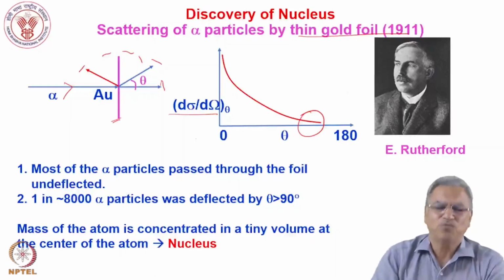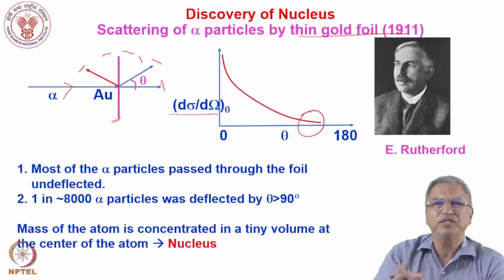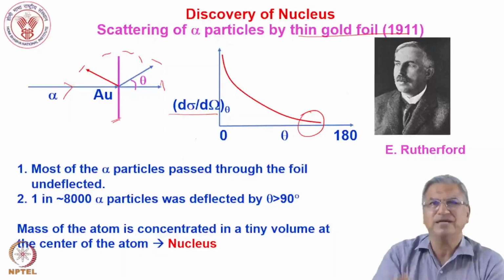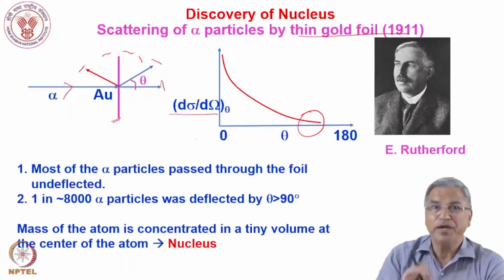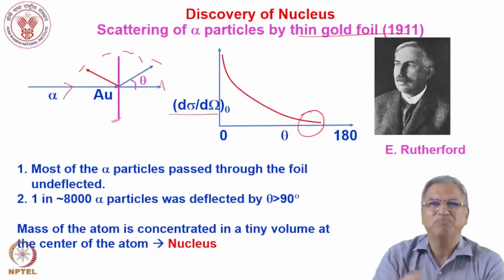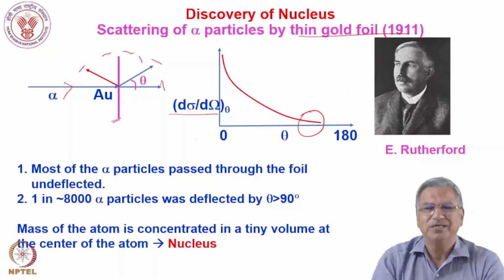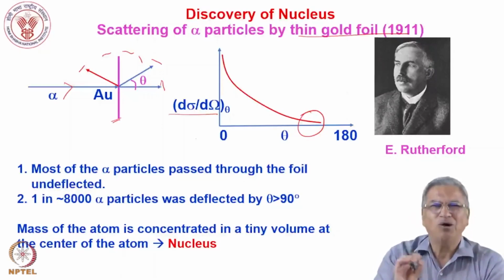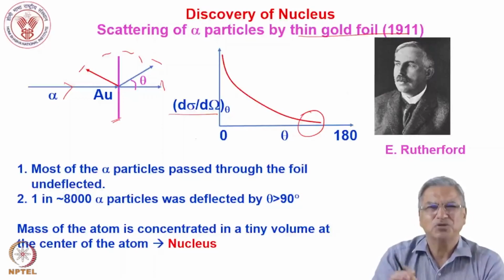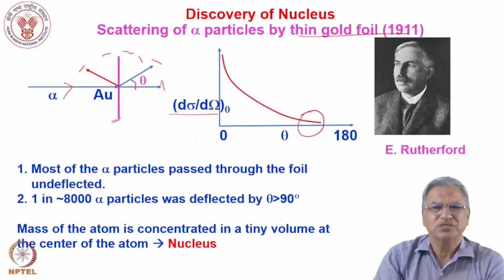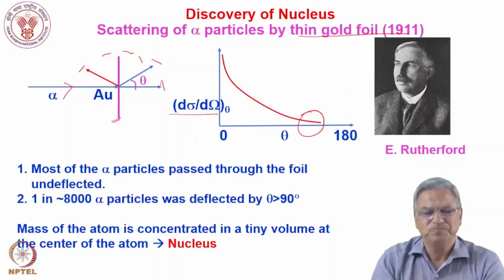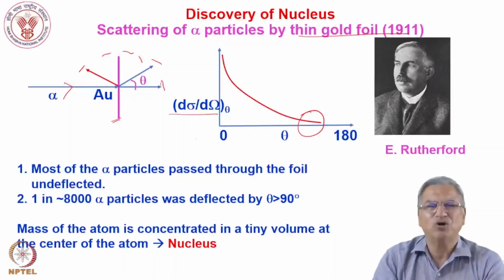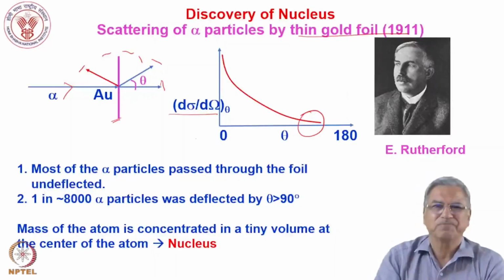This led Rutherford to conclude that, for example, when an alpha particle has to be backscattered, it has to undergo a head-on collision with a massive body. And since the backscattering is happening in very small numbers, he concluded that the mass of the atom is concentrated in a very small volume, and that small volume he called the nucleus.